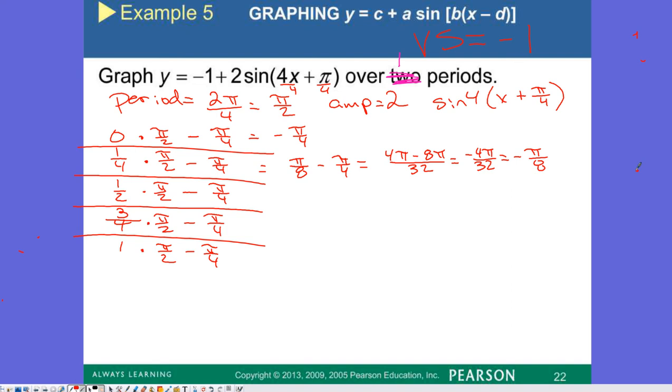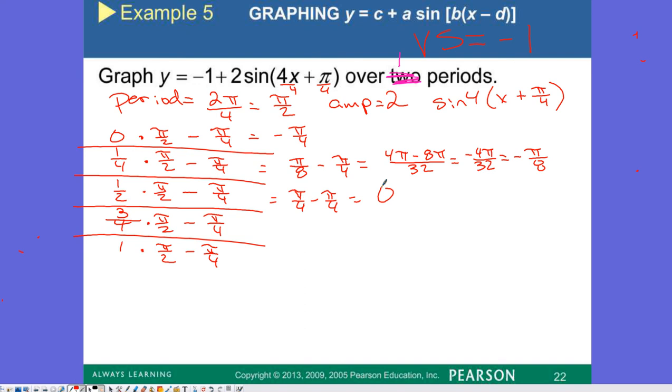So this way works every single time, right? Okay, so now next piece. Pi over 4 minus pi over 4 gives me 0.